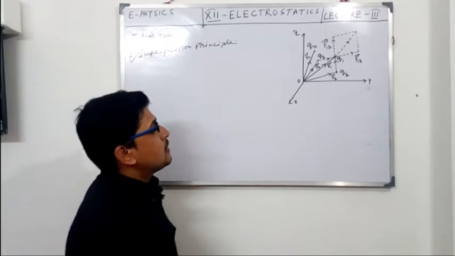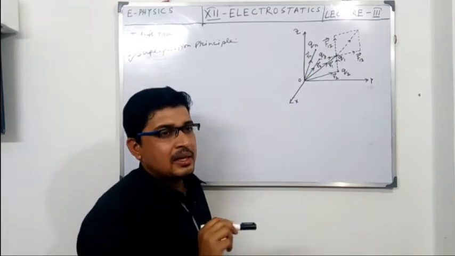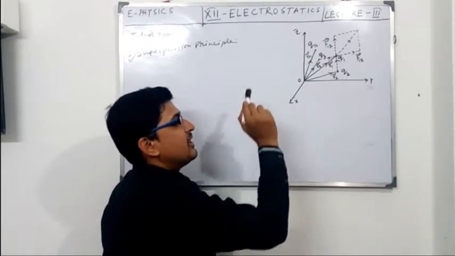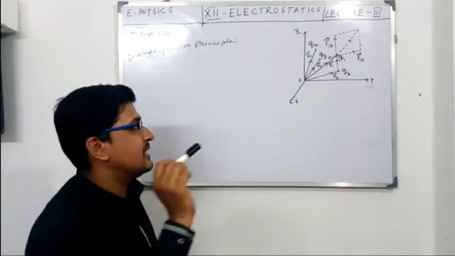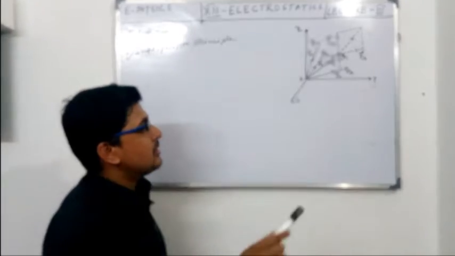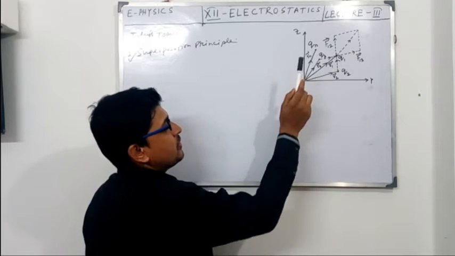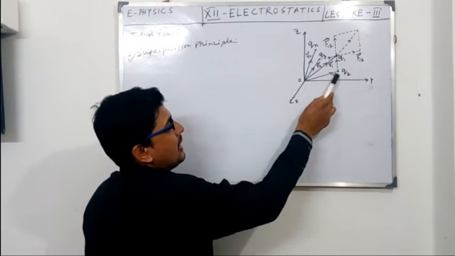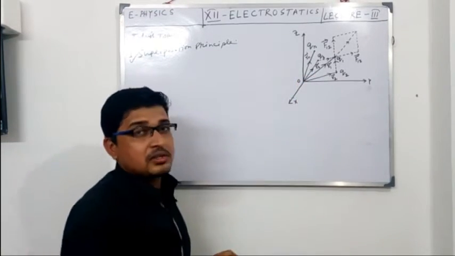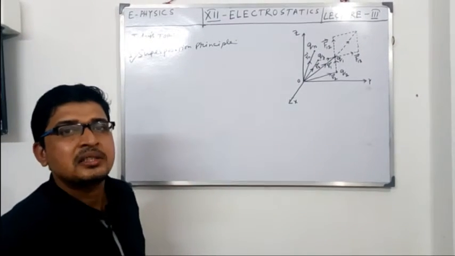Here we have placed Q1, Q2, Q3, and in general a charged particle Qn, which is the representative of all other charges. The positions of these charged particles with respect to the origin are R1, R2, R3 and Rn respectively. These are the position vectors of Q1, Q2, Q3 and Qn. It identifies the position of the charges.